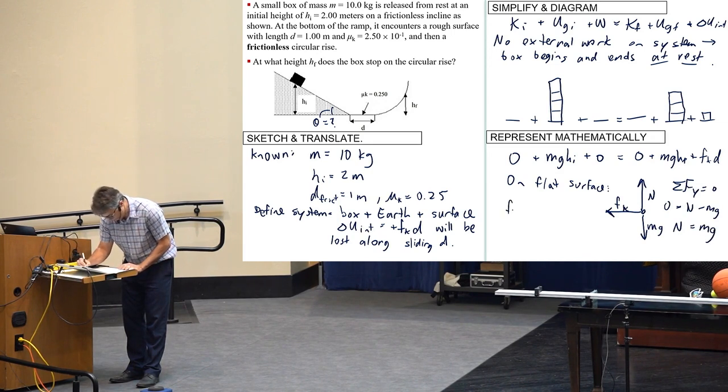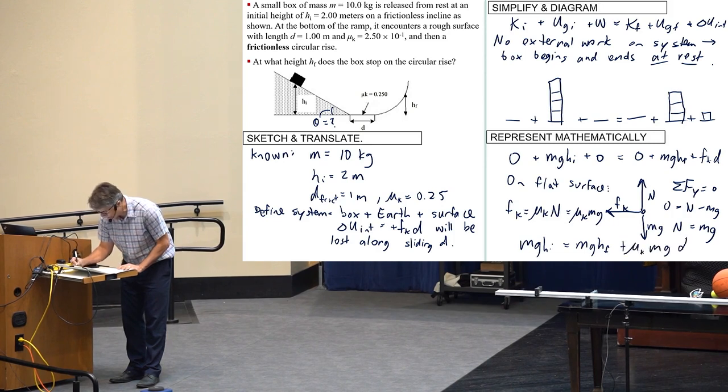And then I also have that the force of friction is equal to mu sub k times n. So that's mu sub k times m times g. So this equation is going to be mgh initial equals mgh final plus mu sub k times m times g times d.